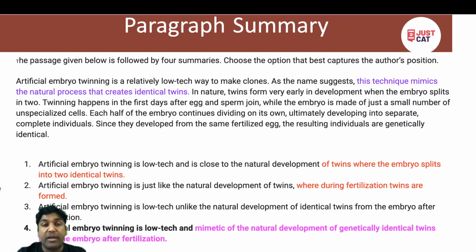It says twins are formed where during fertilization twins are formed. Again, a similar problem. The first line was one extreme, which doesn't happen. Another extreme, they're saying that the twins happen when the fertilization happened.